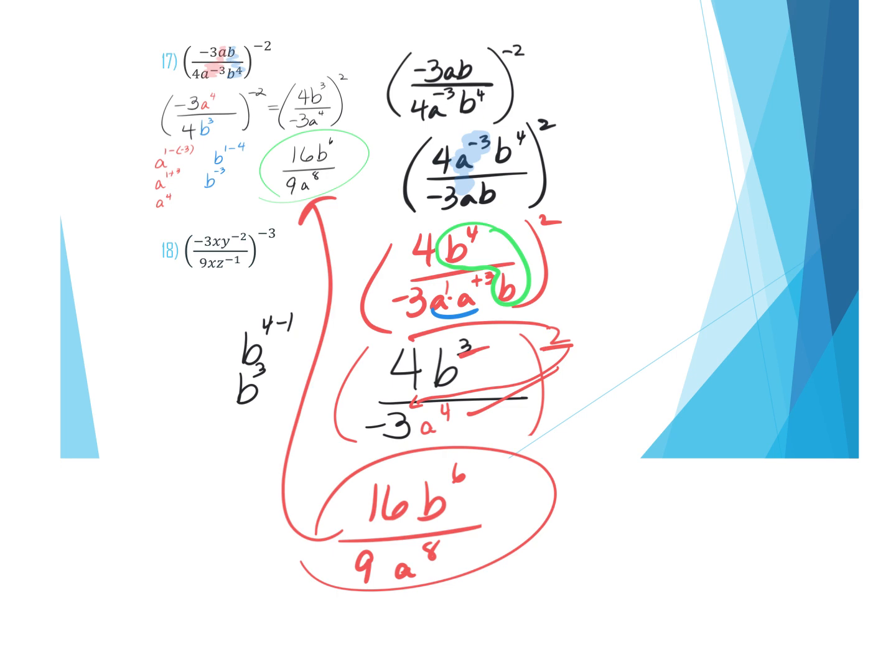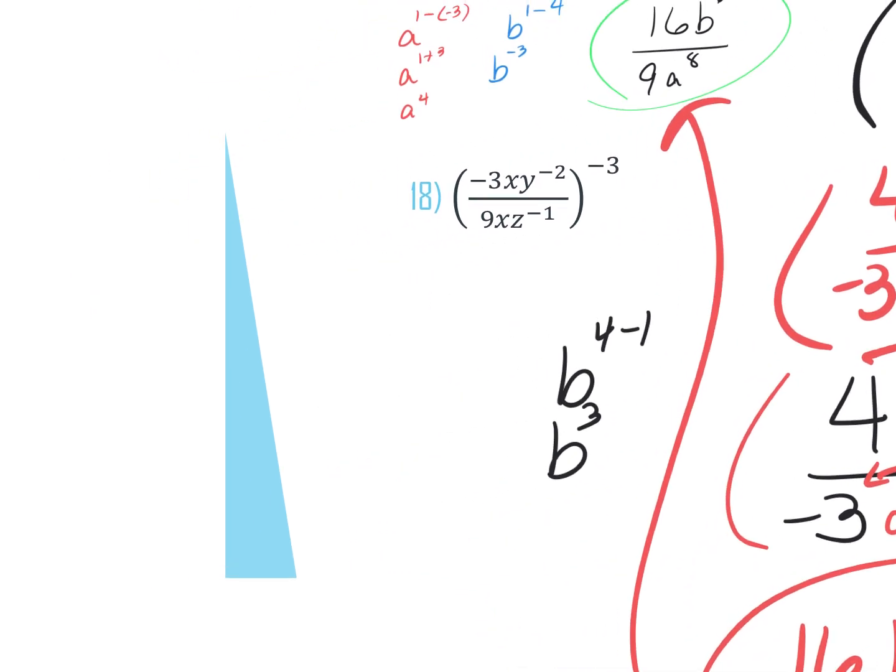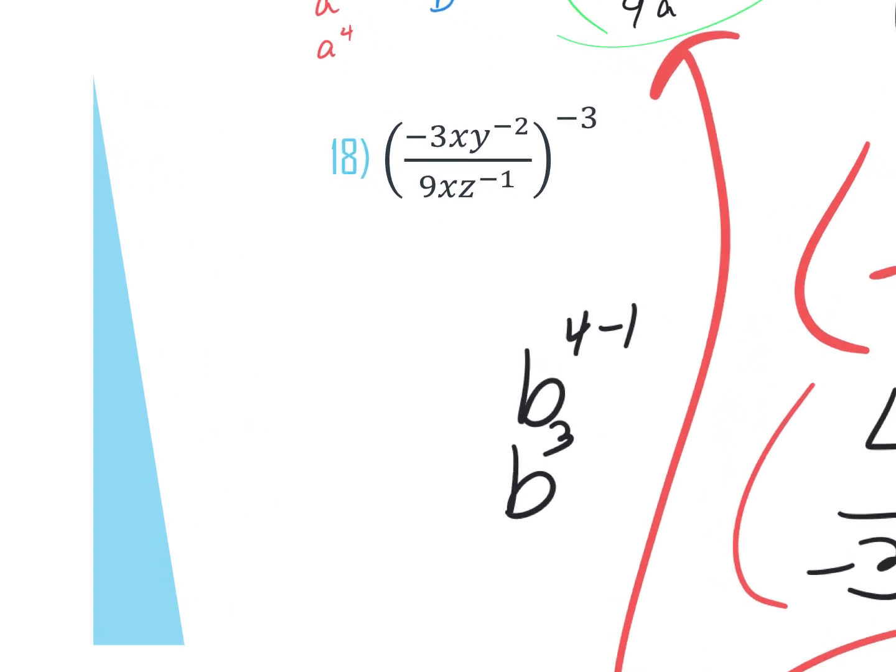Do it the same way that I did it the first way. I'm going to simplify what's in the parenthesis first. So the first thing I'm going to simplify is the negative 3 over 9. And I'm going to make that negative 1/3. Then I'm going to look at my base of x.